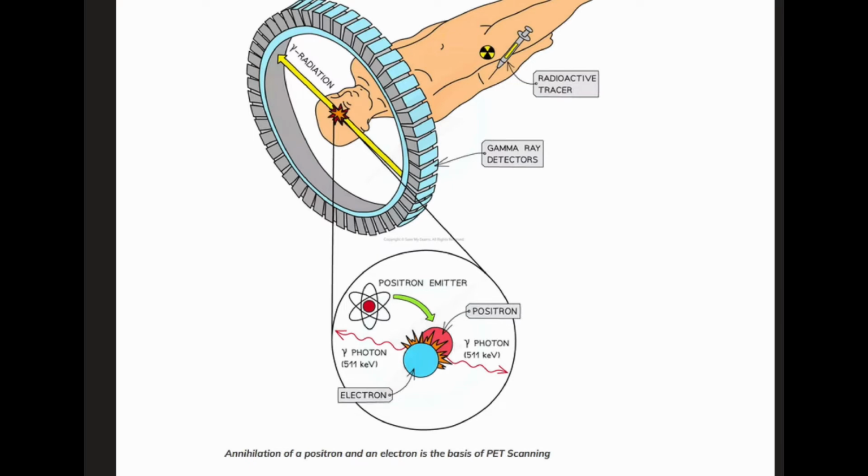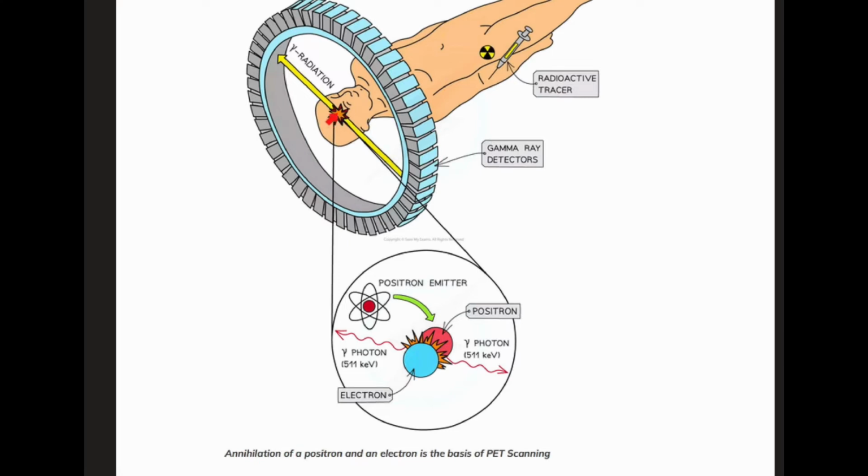So once the injection is done, the tracers will move everywhere throughout the body, and a lot of tracers will reach here. Let's say there is a tumor here.